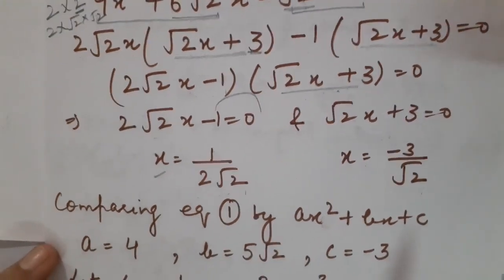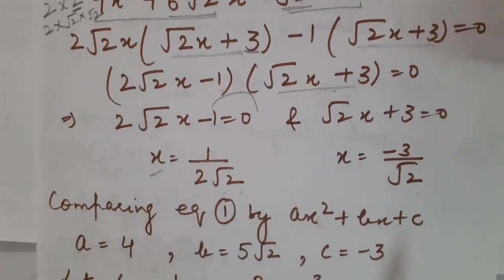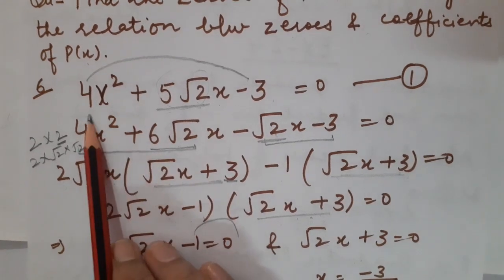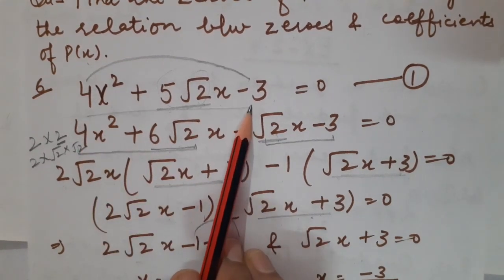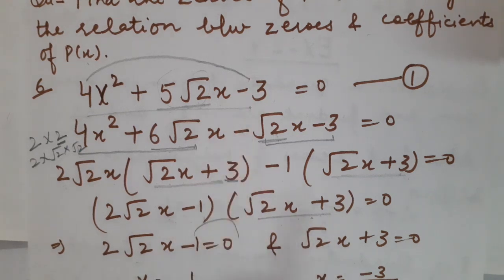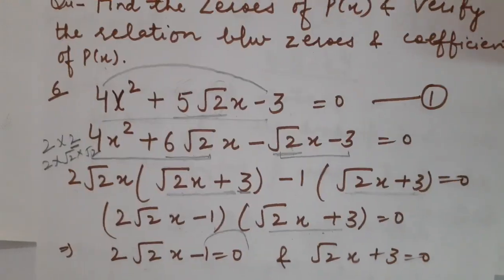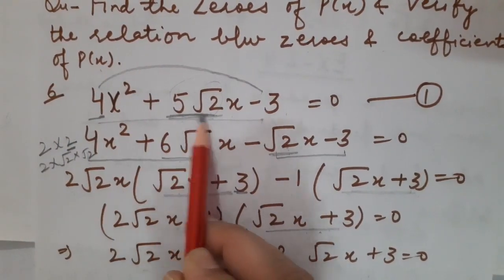Fine, children? Now we have to tell whether there is any relation between the zeros and the coefficients of a quadratic polynomial or not. So first of all I am going to compare this given quadratic polynomial with its generalized form, which is ax square plus bx plus c. So through that, children, I have got a as 4, b as 5 root 2 and c as minus 3.